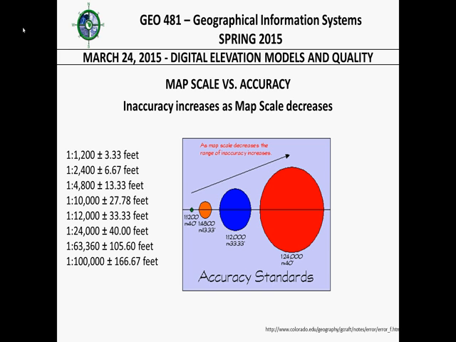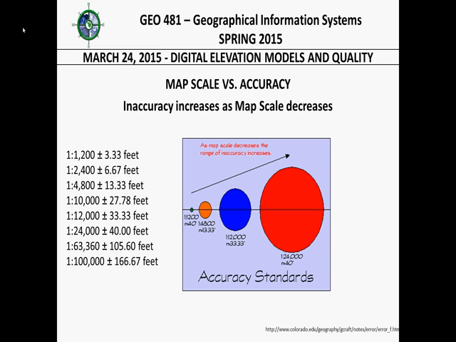What I won't do is ask for exactly what's 27.78 feet, but I might ask for the relationship between accuracy and scale, which is this inverse relationship. So as map scale decreases, inaccuracy increases. You go to a decreased map scale, in other words, a map scale with a higher number, and the accuracy decreases.